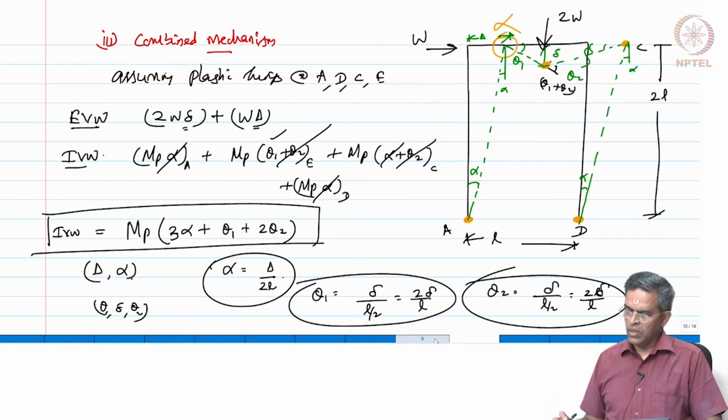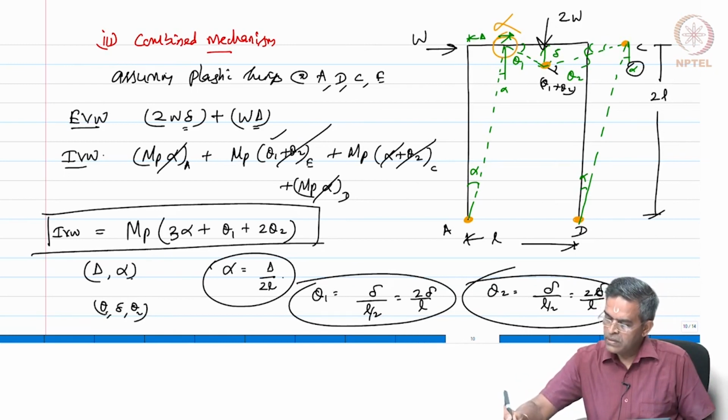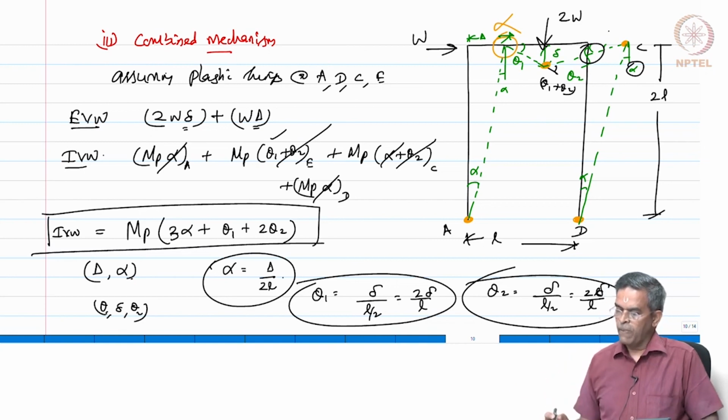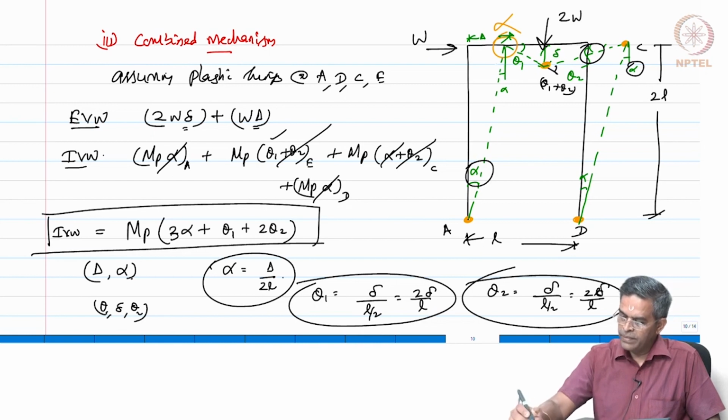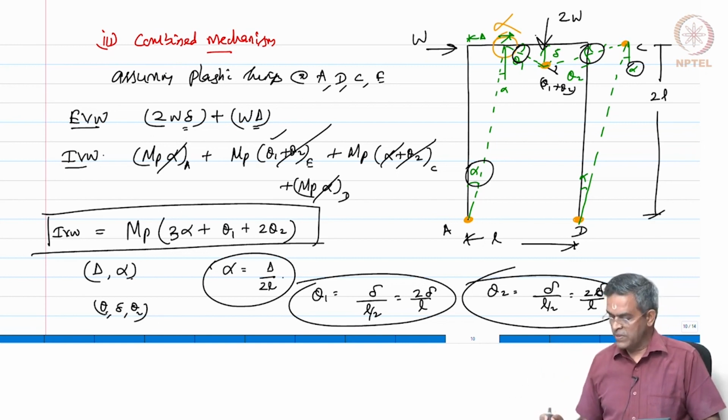So, in this figure, if you look at, friends, I can say alpha and theta 2, and alpha and theta 1, because the angle between the normals has got to be the same.